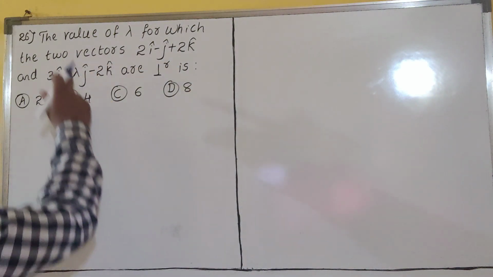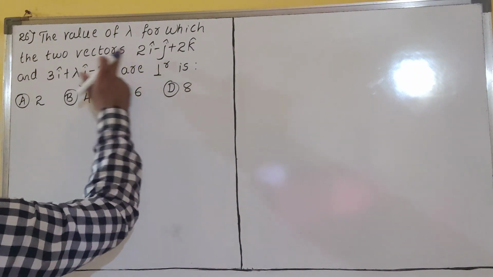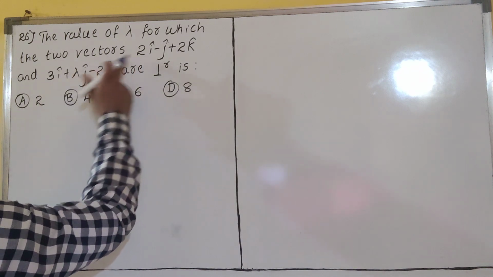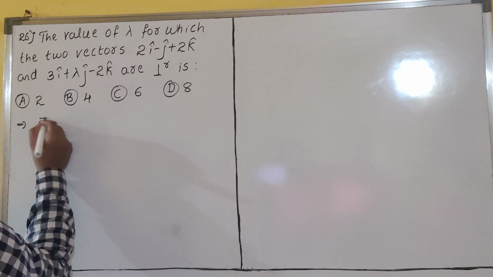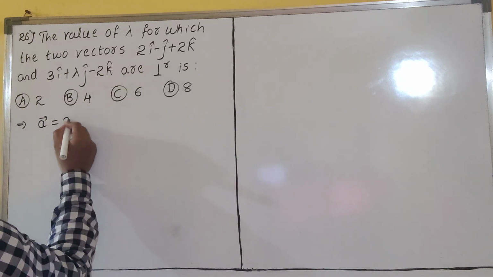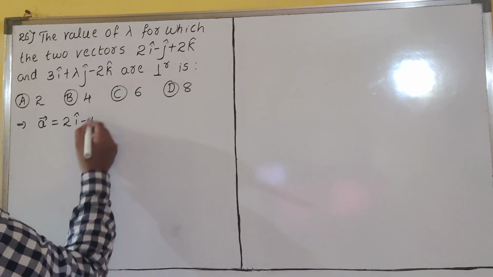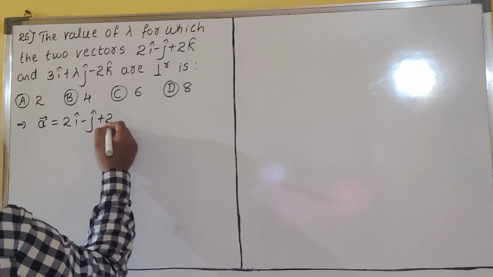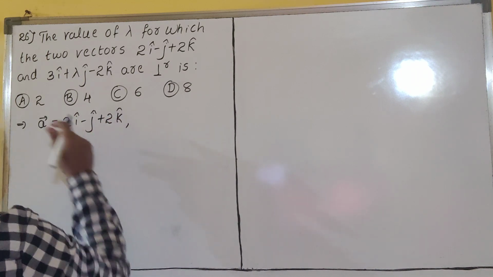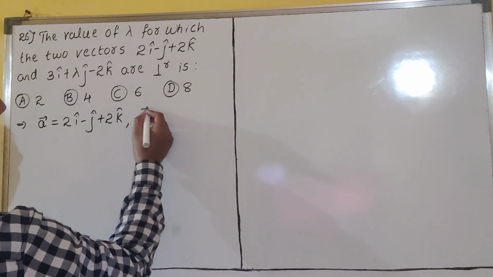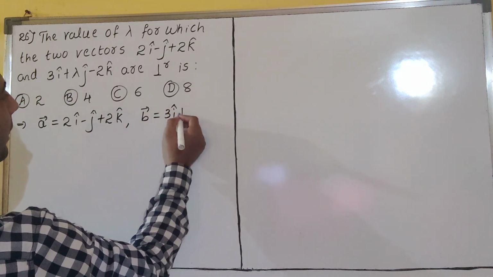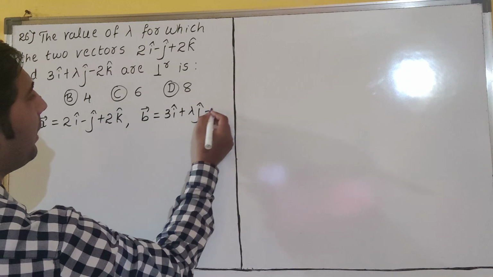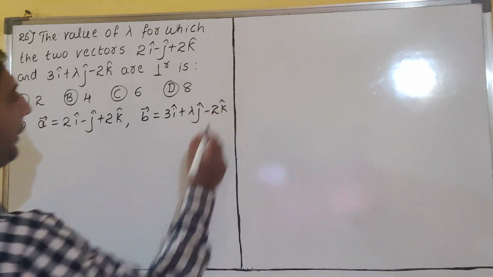So they are saying what here? Two vectors, they are perpendicular. So let us call them a name. Vector A is equal to 2 i cap minus j cap plus 2 k cap. And another vector B, I will give the name as vector B, that is 3 i cap plus lambda j cap minus 2 k cap, dear students.